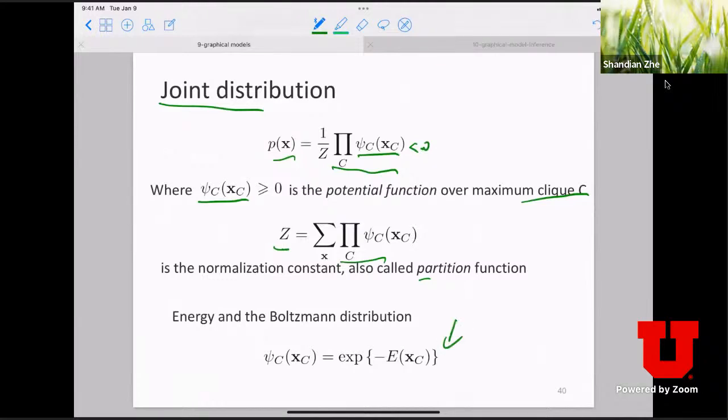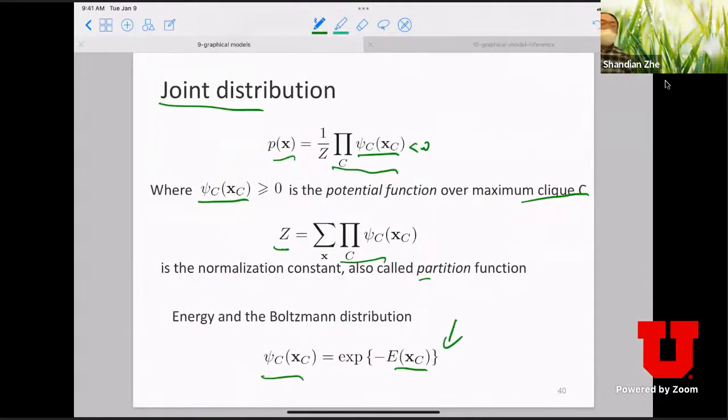If you have a physics background, you might have already seen these undirected graphic models in statistical physics. They define the potential function as the energy of those molecules, with an exponential, and they call this the Boltzmann distribution. But here in computer science, we actually don't care too much about the physical meanings.